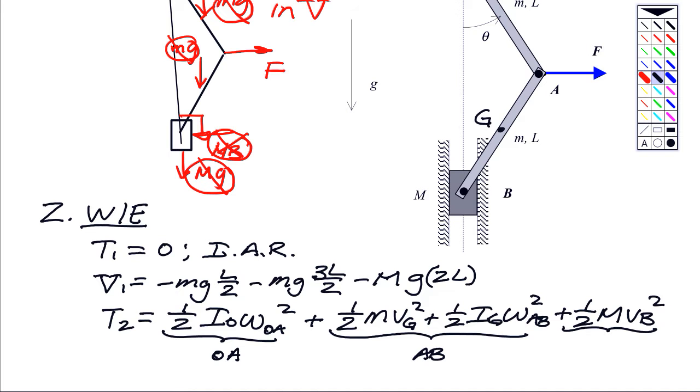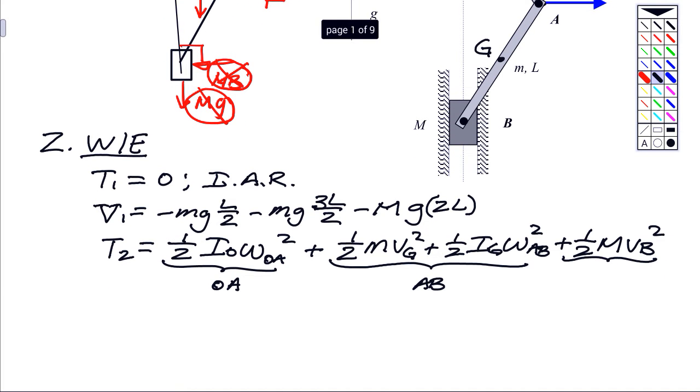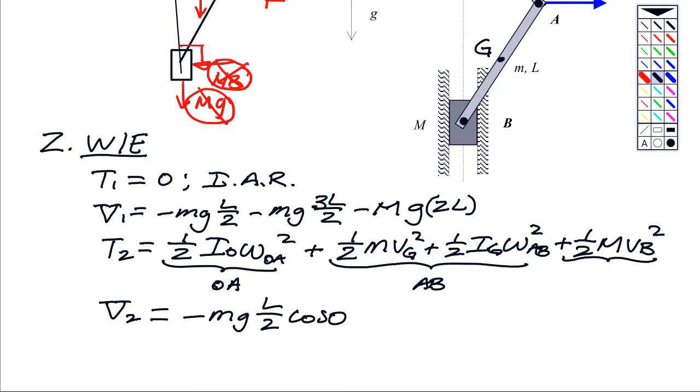There's a lot of kinematics that will need to be performed in order to relate all the kinematic variables appearing in T2. In V2, it's going to be minus mg L over 2 times cosine theta.